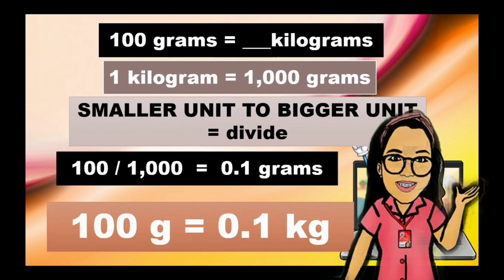Grams is smaller than kilograms. So 100 divided by 1,000 is equivalent to 0.1. Our answer, 100 grams is equivalent to 0.1 kilogram.